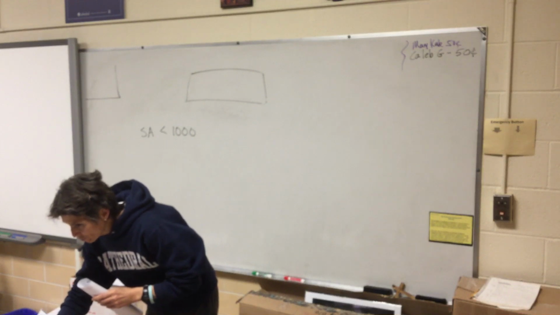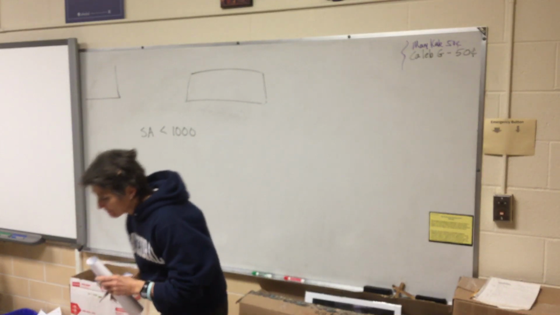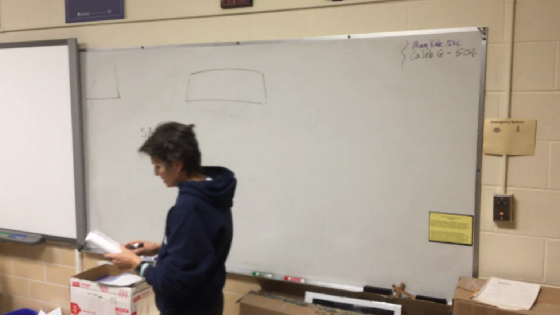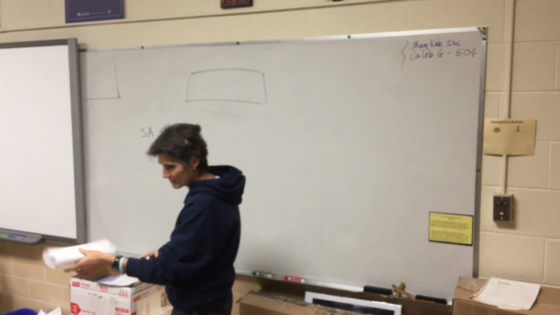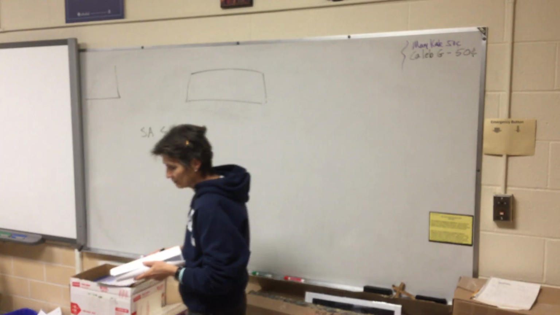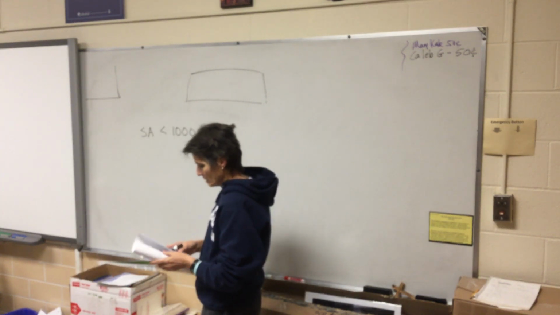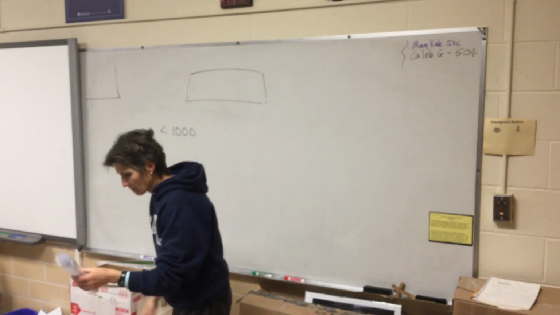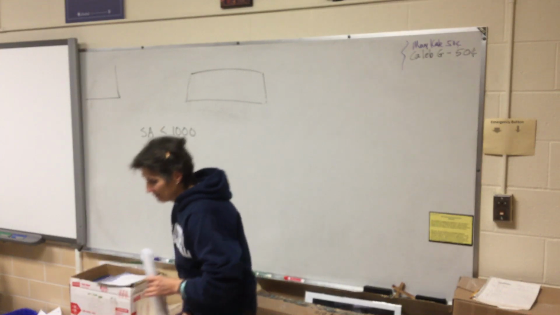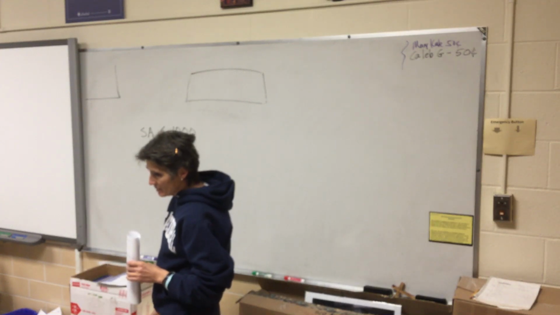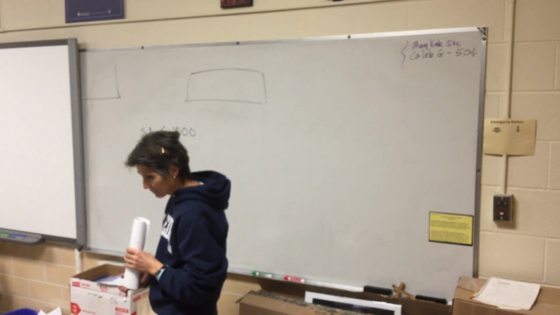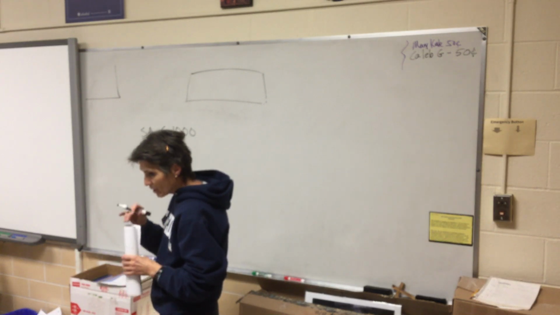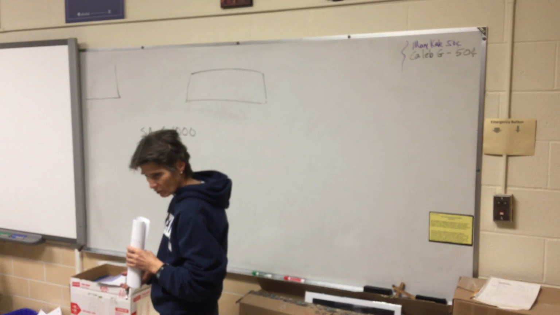So we are trying to figure out a formula for the surface area of a cylinder. Now, first of all, pretend you're going to make a can. Don't you need a piece for the top and a piece for the bottom? And those pieces are circles.